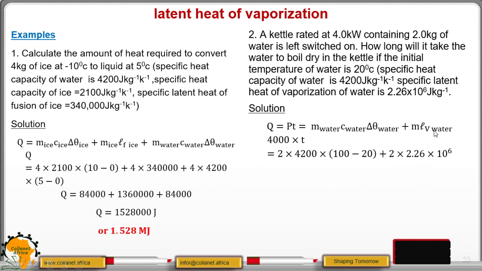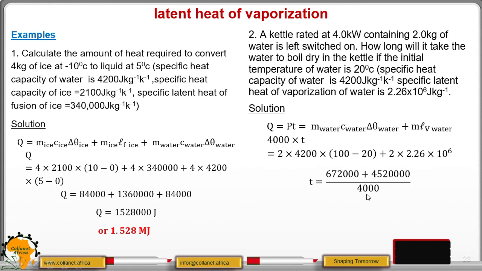When you multiply 2 times 4200 times 80, you get 672,000. And this other part will be 4,520,000. Then the other side is 4,000 multiplied by T.